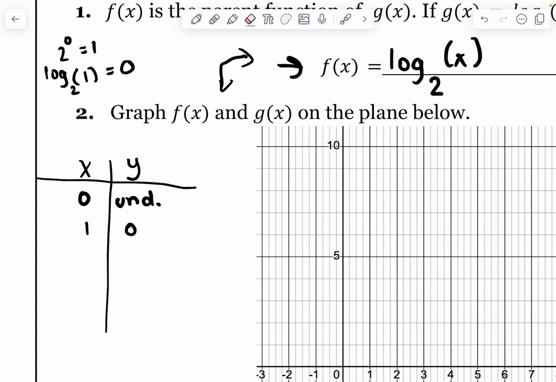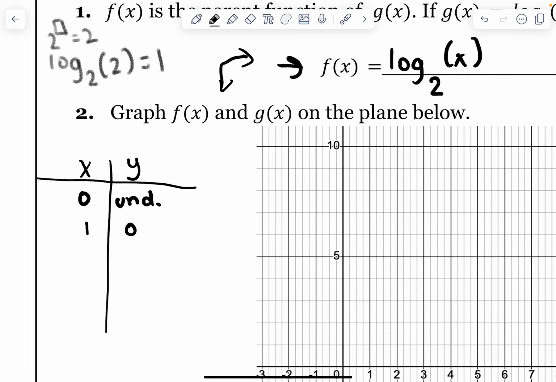The next easiest number to plot is the base, which is 2. Log base 2 of 2 is the same thing as asking 2 to the what power is going to give me 2? Well, that would be 1. So when your input is 2, your output is 1.